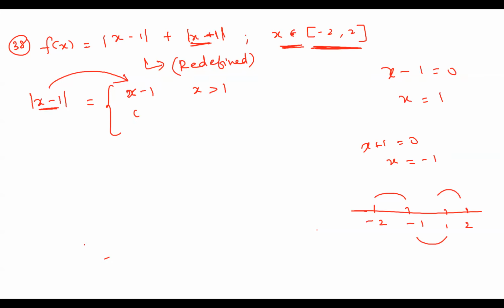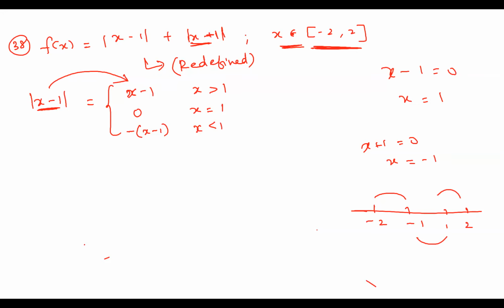Similarly, I will write it as 0 at x equal to 1. Why 1? Substitute 1 and see: 1 minus 1 is 0. So whichever point you are breaking, that should be the limit at which you are defining it. It should be minus of x minus 1 when x is less than 1.